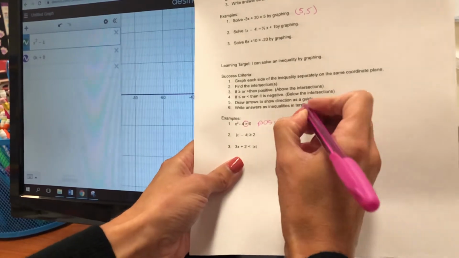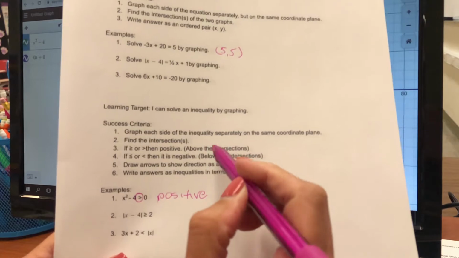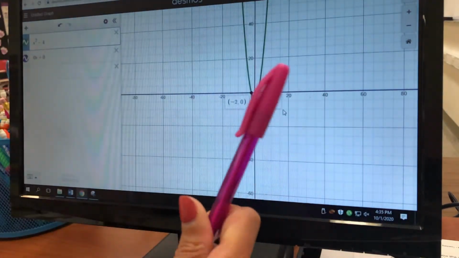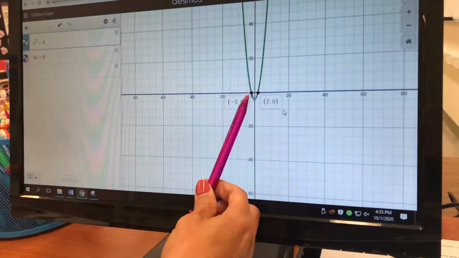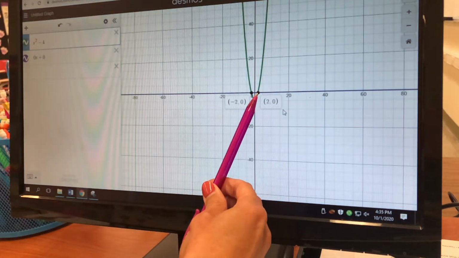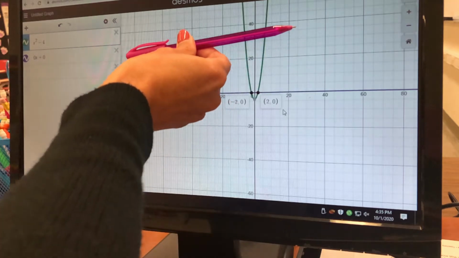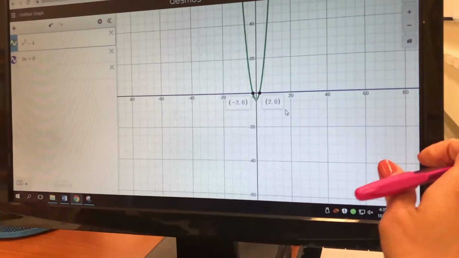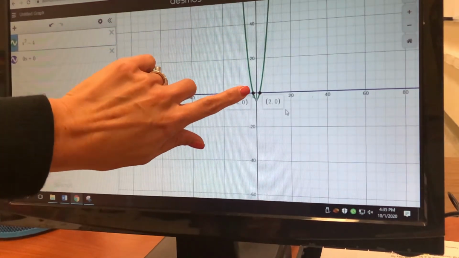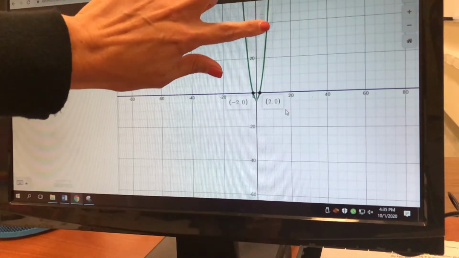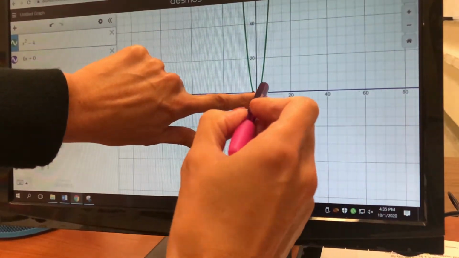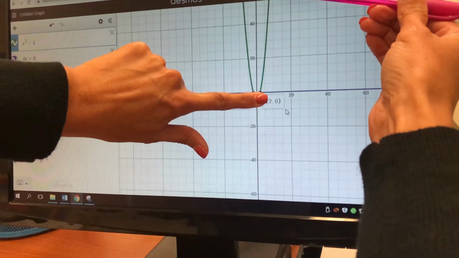So I'm looking above my intersections, -2, 0, and 2, 0. I'm looking at this piece here and this piece here, because that's positive, above the intersections.